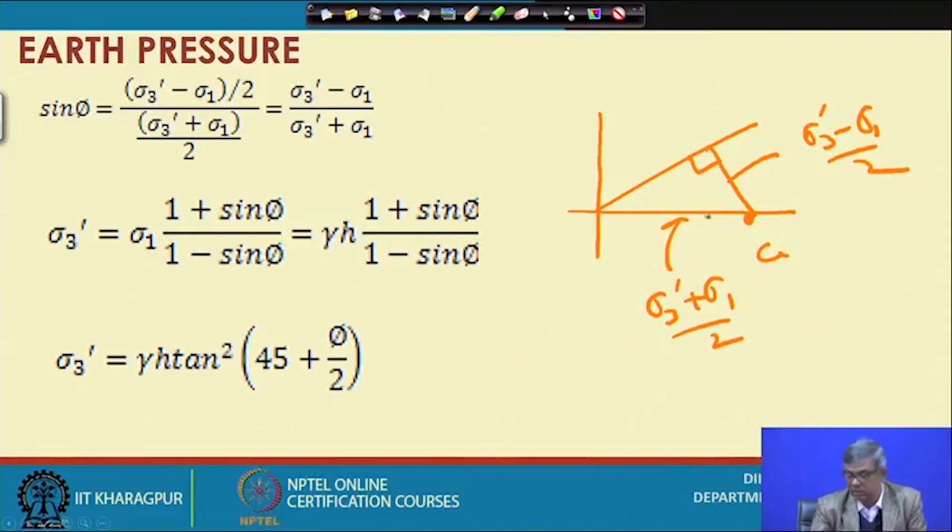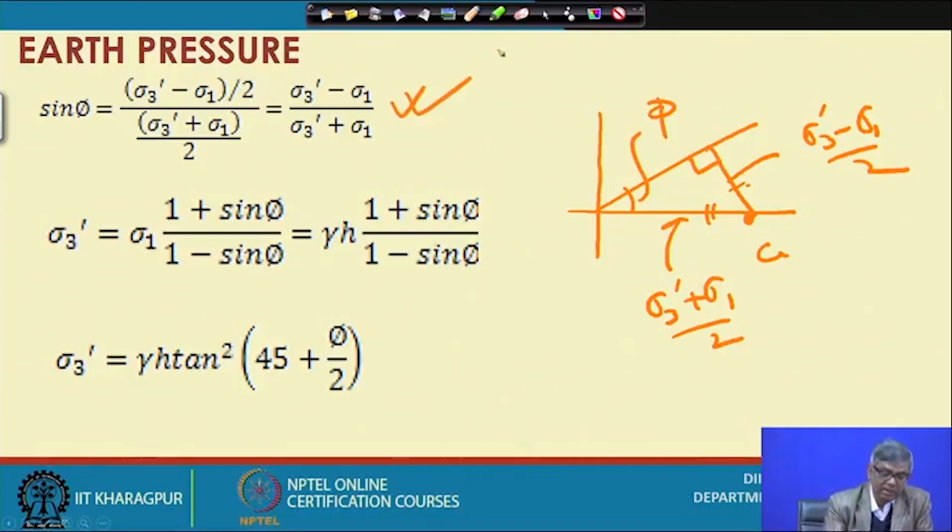So, this by this is sin phi, here this is phi, and then simplified it becomes this. Now, if I extract sigma 3 dash in terms of the other parameters, it becomes sigma 1 multiplied by 1 plus sin phi by 1 minus sin phi.